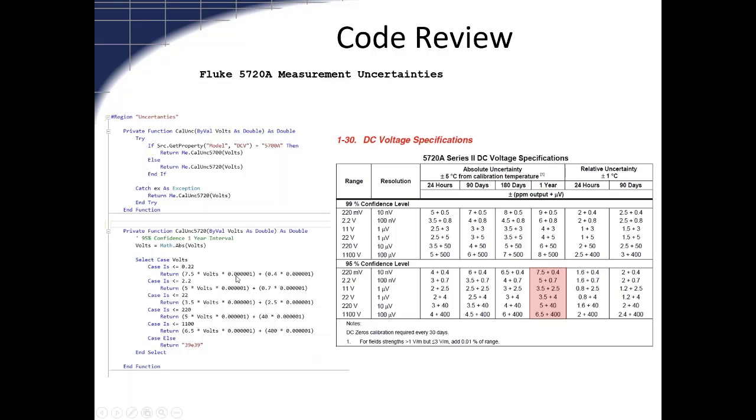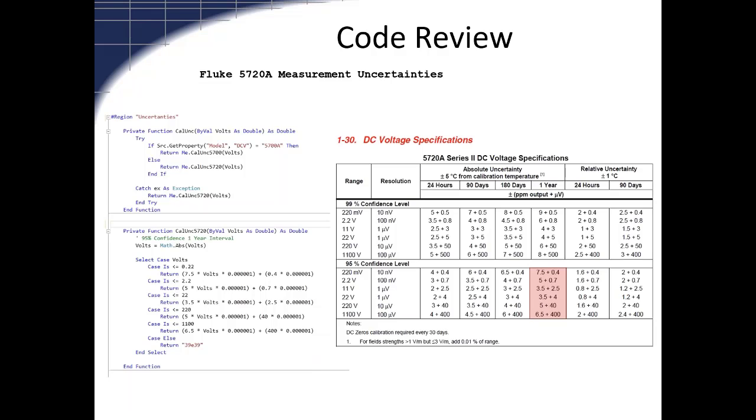Each one of these converts to the microvolts or the parts per million. So our 7.5 times the voltage times parts per million is going to give us that uncertainty. Then we add to it the 0.04 microvolt. So you can come in, open this up, and QA these values back and forth against what the manual says to see that we're calculating our measurement uncertainties correctly.